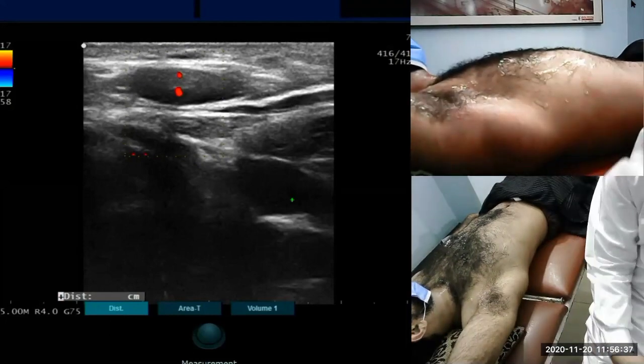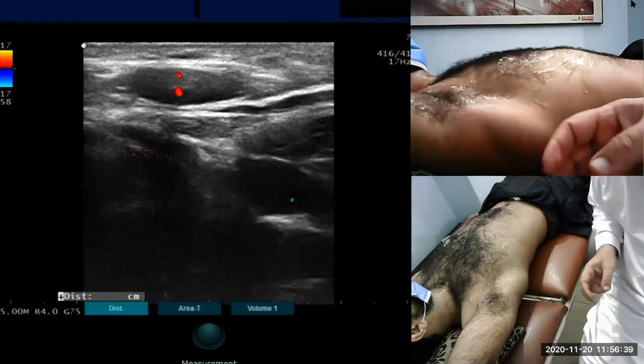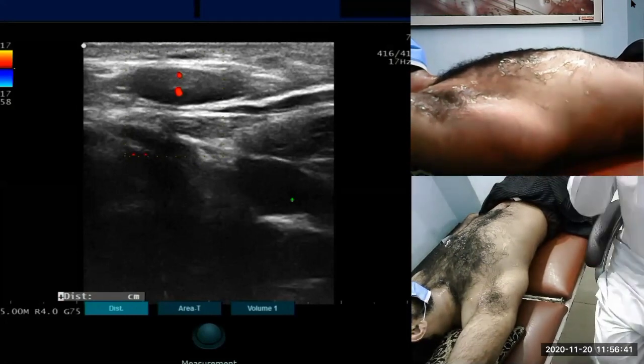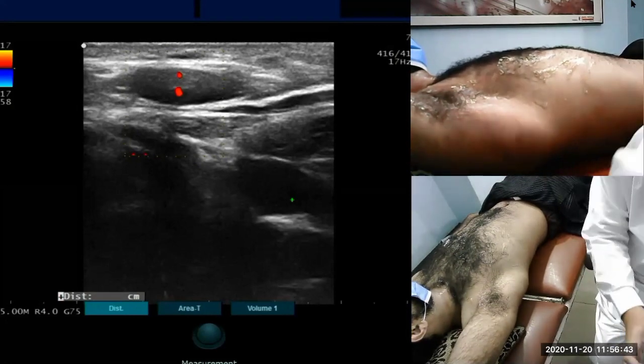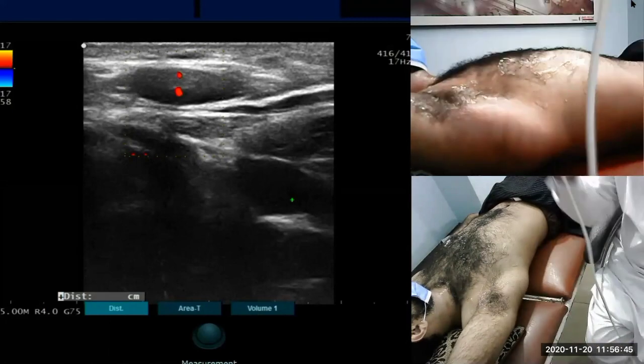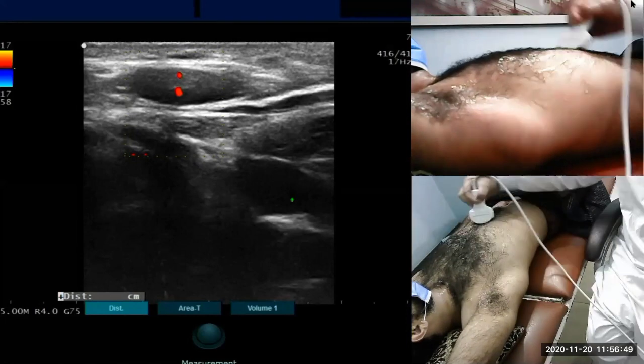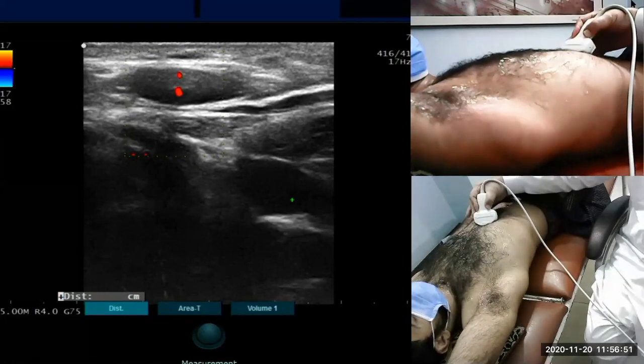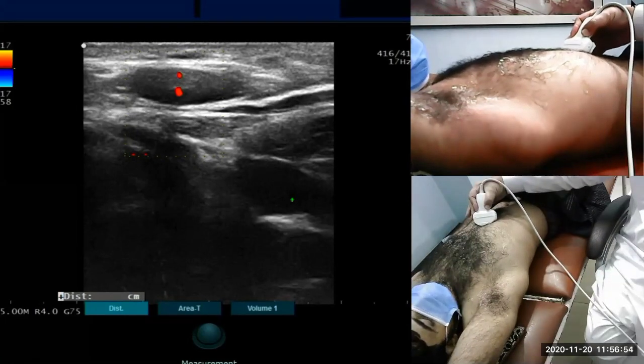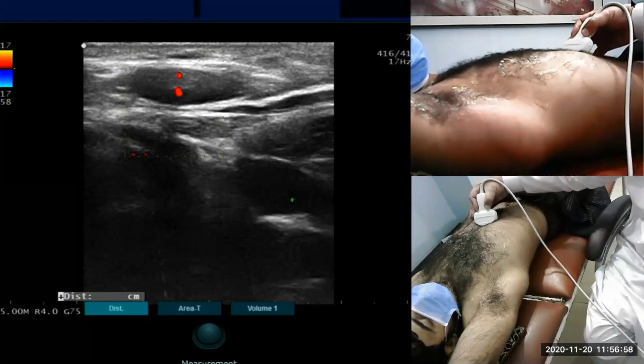So now we are going over to the abdomen, starting with the anterior abdominal wall.